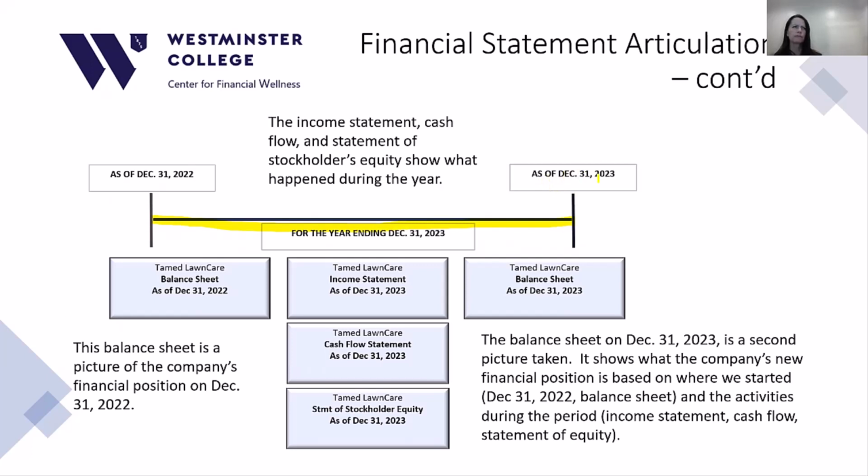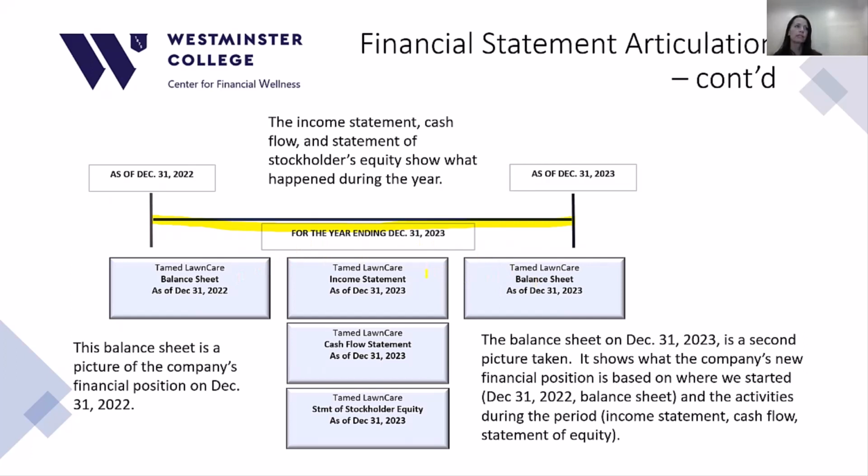And as of December 31st, 2023, I take another picture of my company. And I look at what the assets are, what the claims are, the liabilities and the equity. These two balance sheets are going to be different. And everybody's going to want to know, how did they get from one balance sheet to the next?